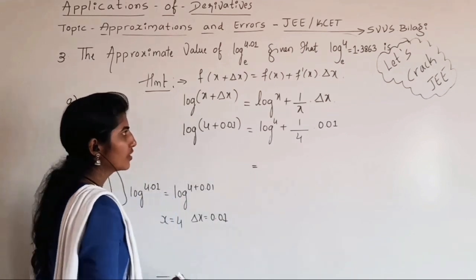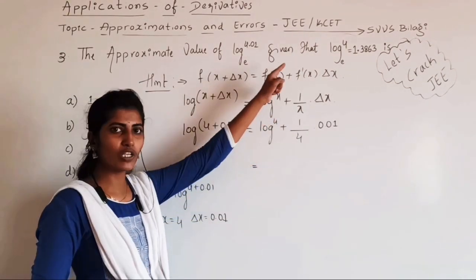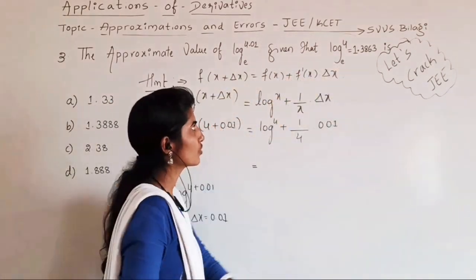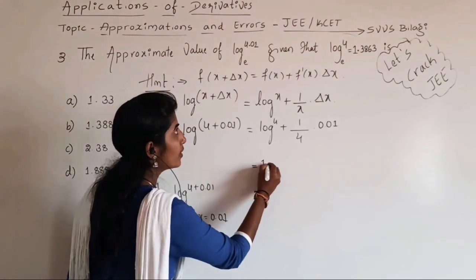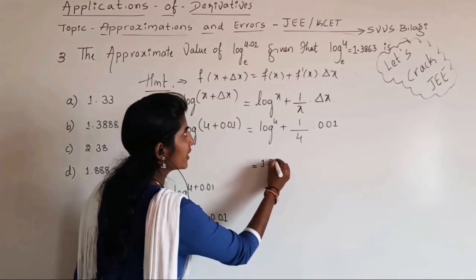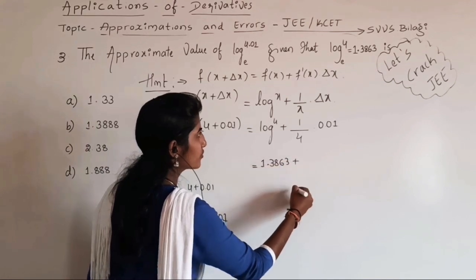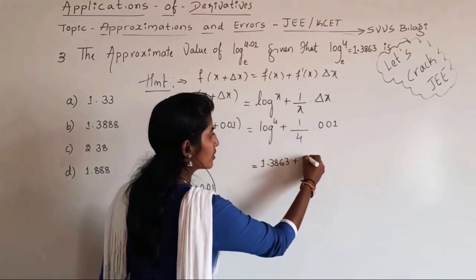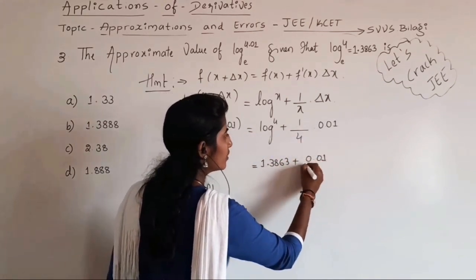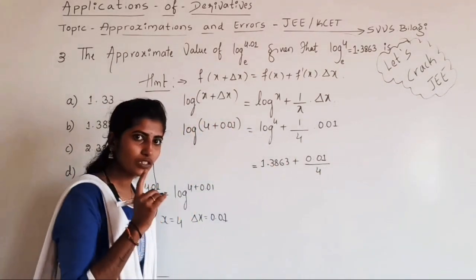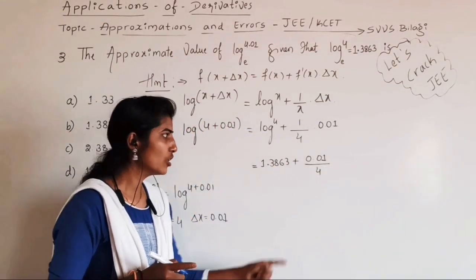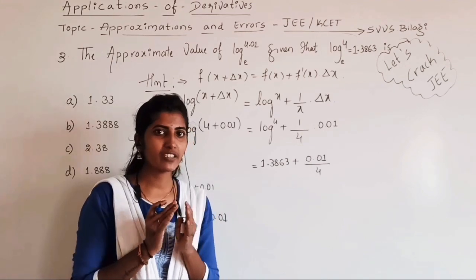Since log 4 is given, the value of log 4 is equal to 1.3863 plus 1 into 0.01 divided by 4. One thing I am reminding you again: no calculator is allowed.